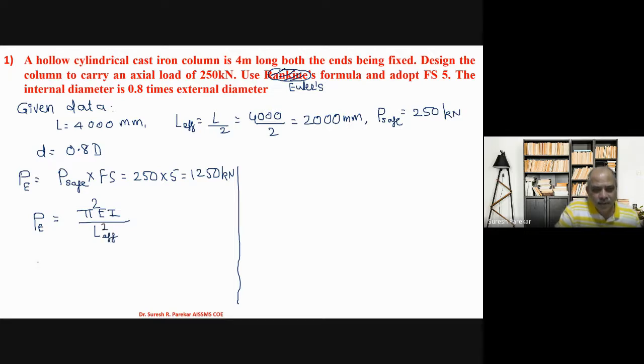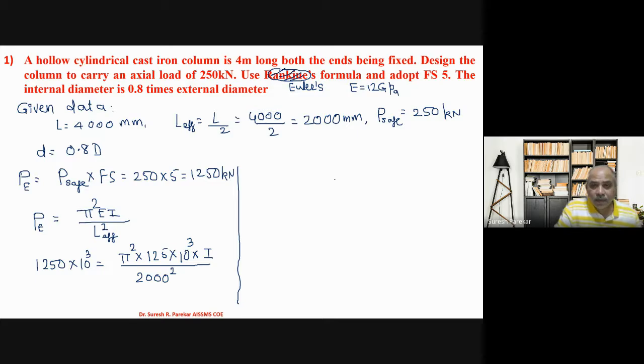Now we will put the values: 1250 into 10 raised to 3 is equal to pi square, E is given as 125 GPa, so into 125 into 10 raised to 3, I we have to find out, divided by L effective, 2000 square.